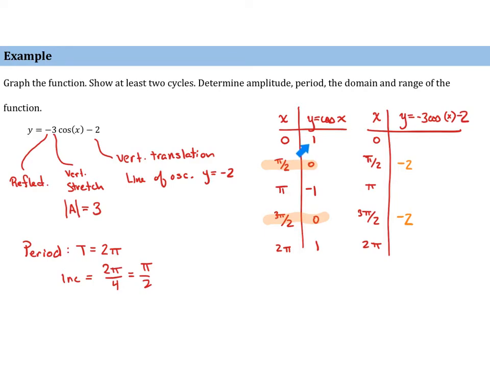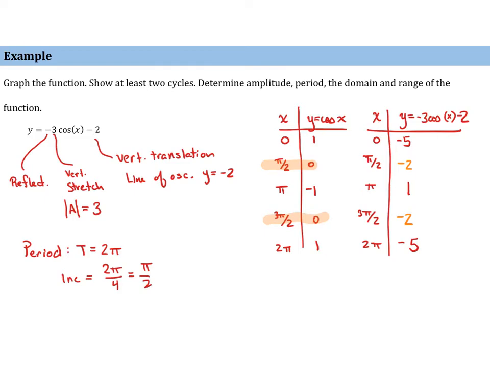Typically cosine starts above our line of oscillation, but because of the negative, we're going to be moving it below our line of oscillation, and we go 3 units below. Why 3 units? Because that's our amplitude. Now we will go 3 units above our line of oscillation, and then back to where we began.